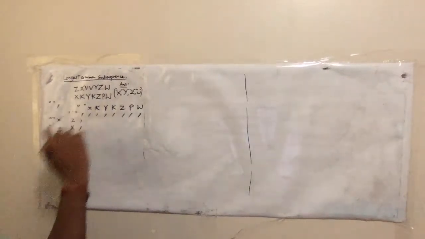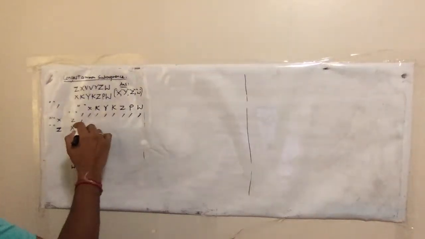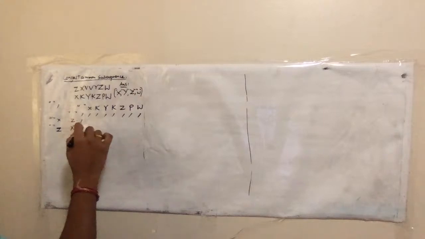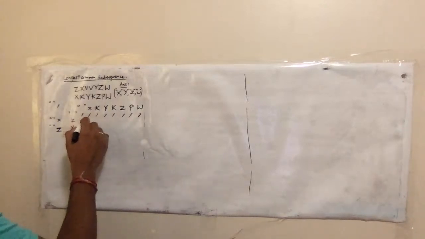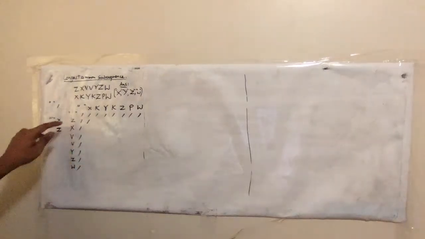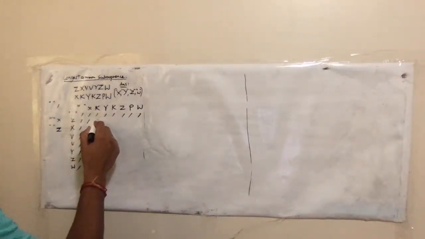So if zx is present, they are different. So we will try to remove one and keep the other. This is an empty string. There is no common substring for this. Then z and k is present. This is also an empty string.